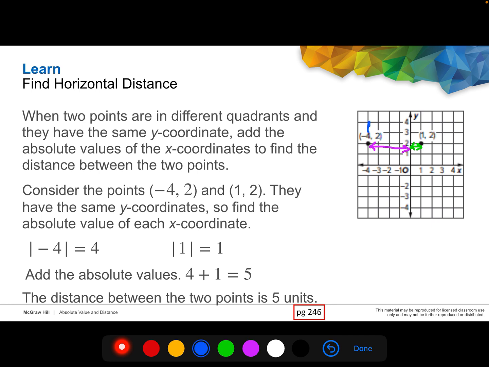So the distance between the two is the distance it takes to get to 0, plus the additional distance. If we consider the points (-4, 2) and (1, 2), they have the same y coordinate, which is 2. The absolute value of -4 is 4, the absolute value of 1 is 1, and we add the absolute values in this case. So the distance between the 2 points is 5 units. That would be 1, 2, 3, 4, and 5 units.